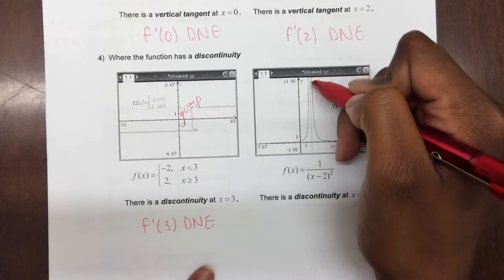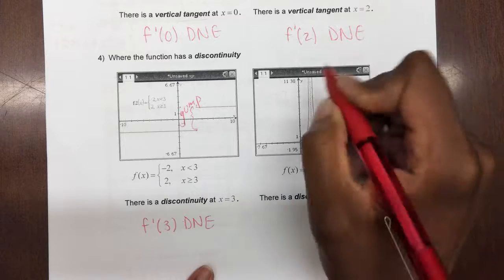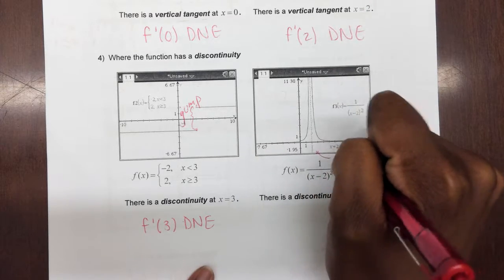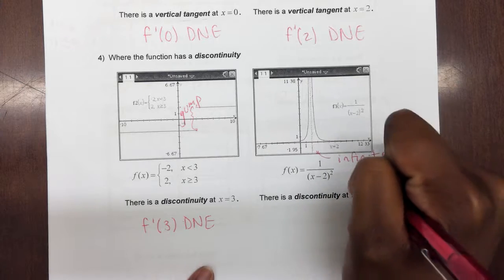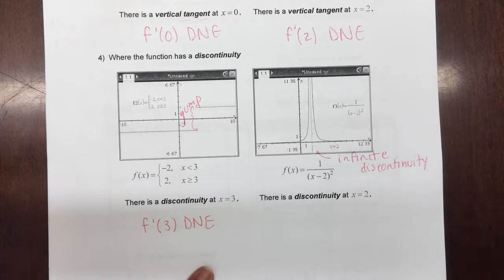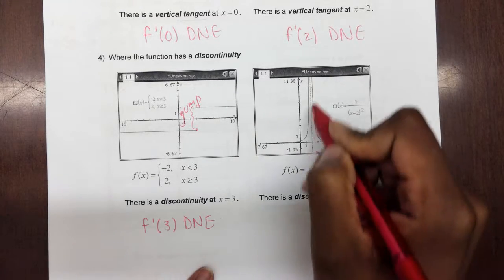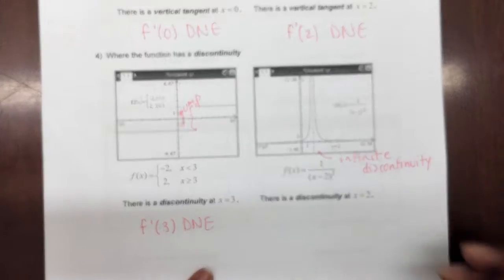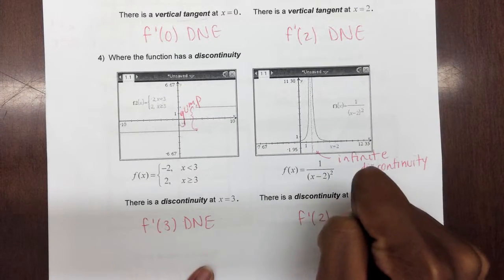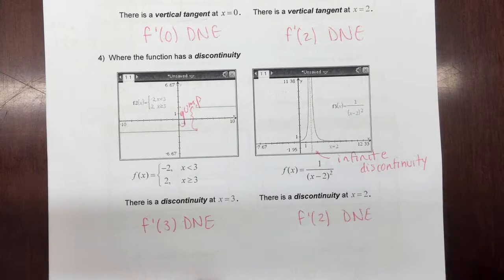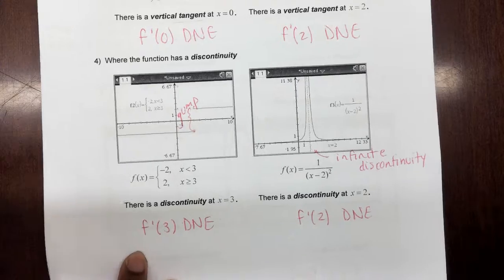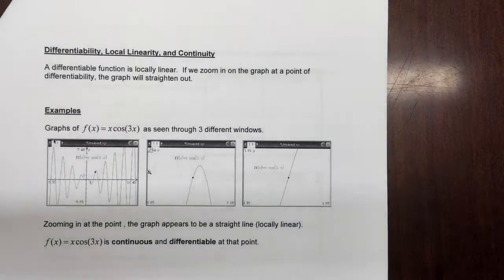Here we have an asymptote. We also consider these infinite discontinuities. Because we have an asymptote, there's no value at x equals 2. Therefore, the derivative at x equals 2 does not exist. Okay, so on to the next page.